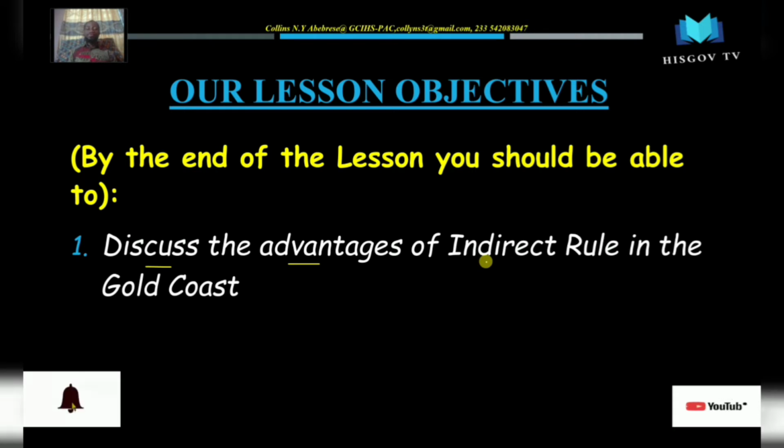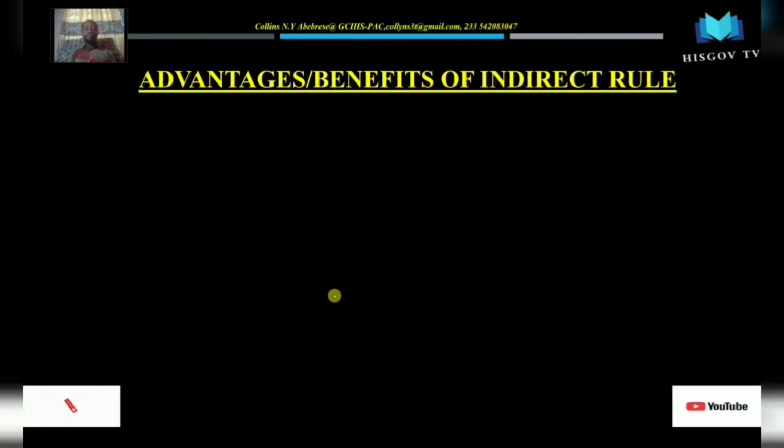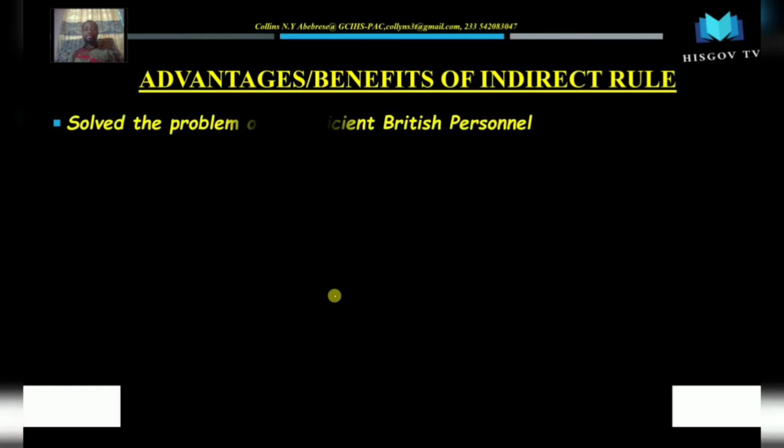So what was the benefit of the indirect rule? That is what we are going to be looking at. So take your pen and paper and jot some important points down. Let's begin with the advantages, because I know by now you can explain what indirect rule is, so we don't need to bother ourselves with the explanation of indirect rule again.